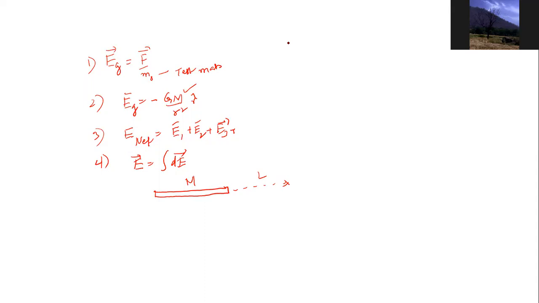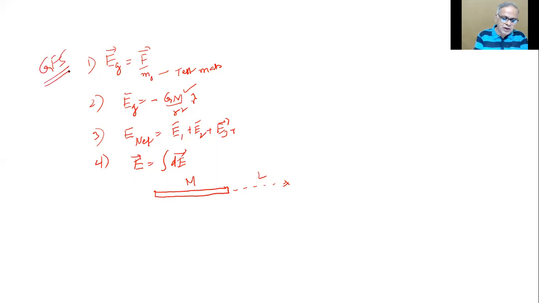So this is the heading we are dealing with, the gravitational field strength. And of course, in the middle, I've told you that as far as gravitation is concerned, the acceleration due to gravity and E_G are one and the same. From the principle of equivalence, the gravitational mass and inertial mass are same.